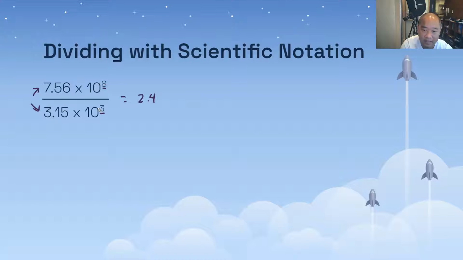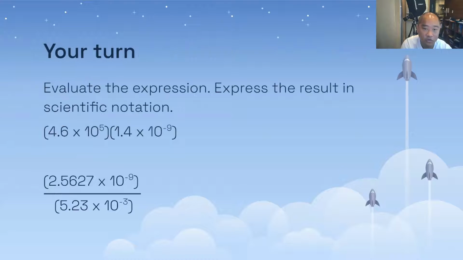And then 10 to the 8 minus the 3 is 5. In this case, this would be just over 1, right? So we don't need to write that. This is just 2.4 times 10 to the 5th. Your turn.